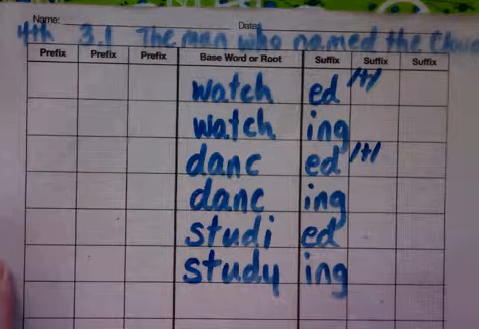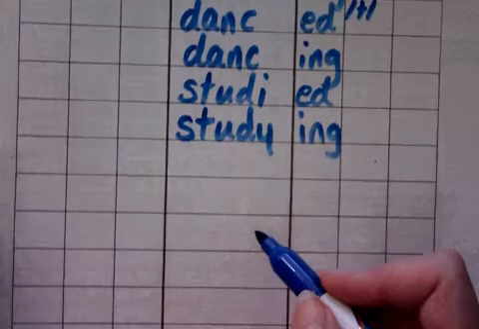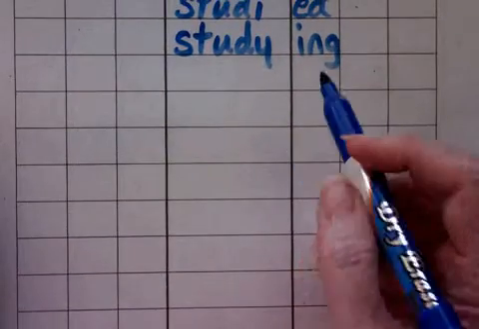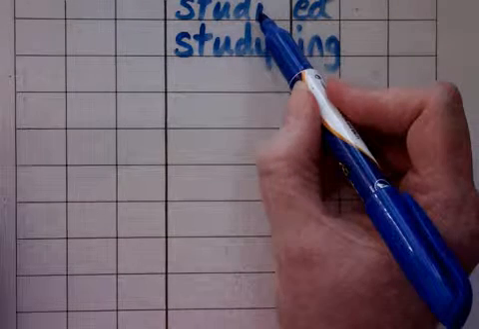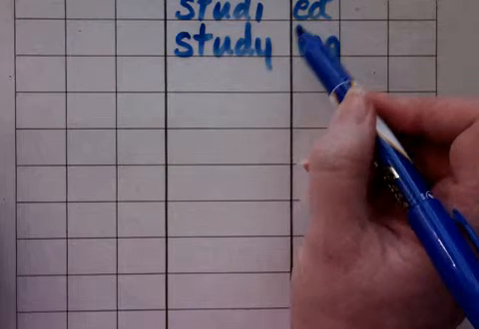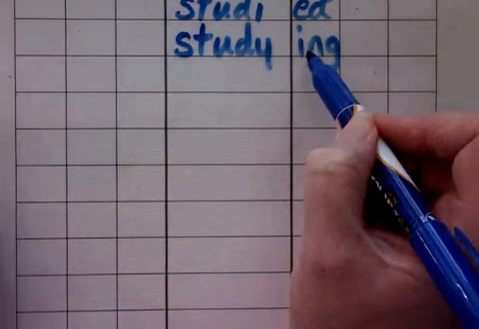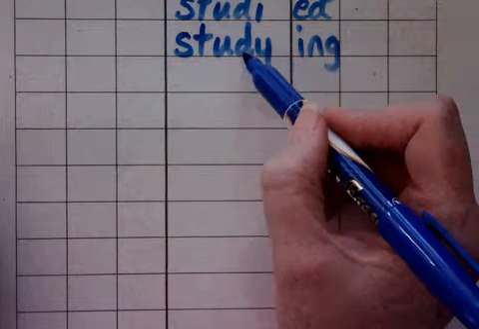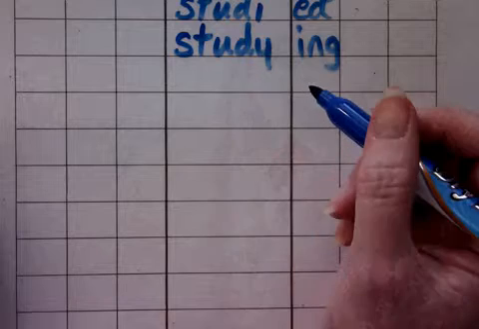Okay? Let me move this up. So do you see why the Y is changed to an I when you add a suffix that starts with a vowel that is not an I? You leave the Y if the suffix starts with an I, but you only change it if there is a consonant in front of the Y.